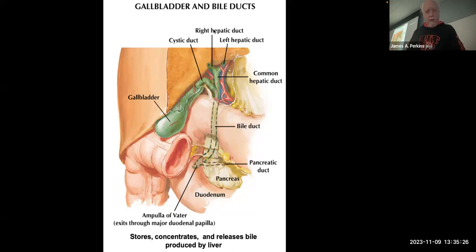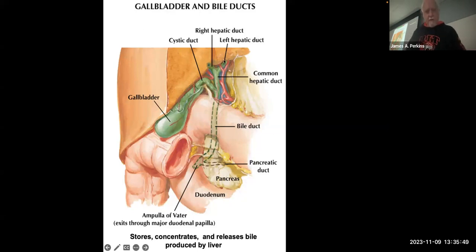And then there's a right hepatic duct collecting all of the bile from the right lobe of the liver. These two hepatic ducts then join to form a common hepatic duct. So left hepatic and right hepatic ducts join together to form a common hepatic duct. So that's carrying all of the bile that's being produced by the liver, out of the liver.